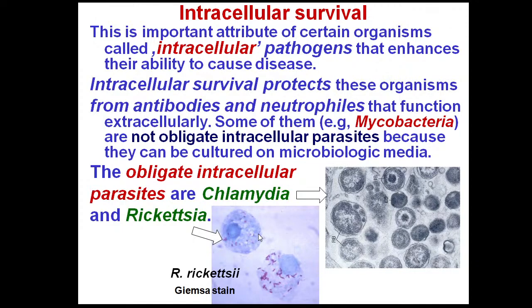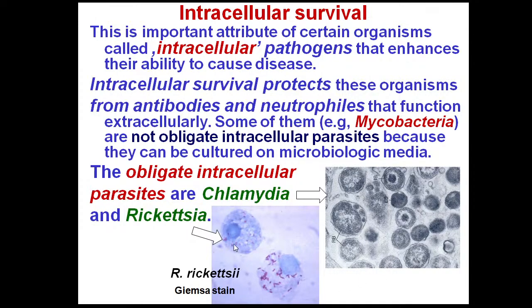Then some bacteria are capable of so-called intracellular survival. This is typical for bacteria that can be obligate intracellular parasites. What does it mean? Obligate intracellular parasites. It means these bacteria, like viruses, cannot multiply outside the host cell. At least two types of that kind of bacteria are shown here: chlamydia and their intracellular survival.